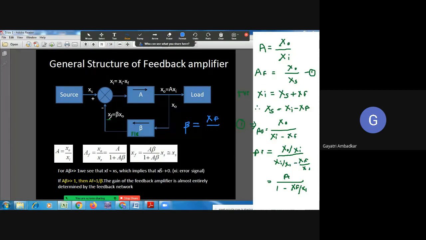So its output signal is XF and its input signal is XO. Therefore, the feedback signal is equal to beta times XO. So that is why it is written here: XF is equal to beta times XO. So this XF in this equation, come to the right hand side.